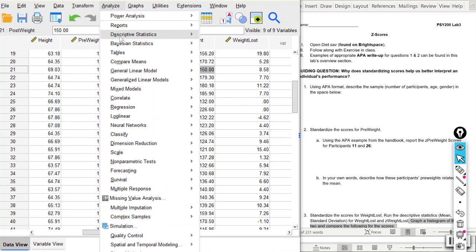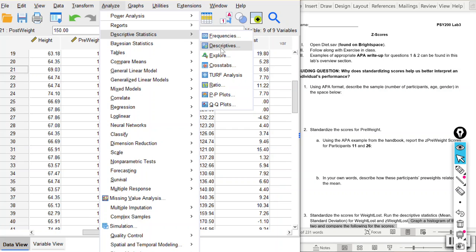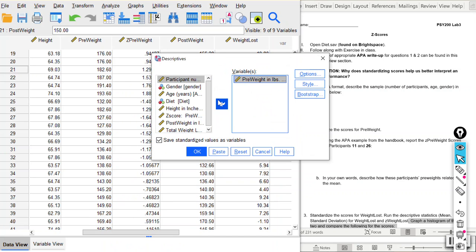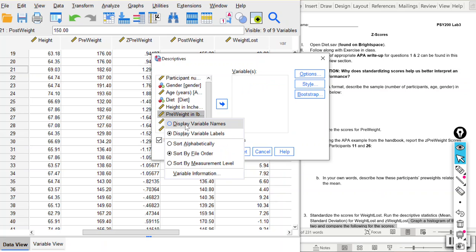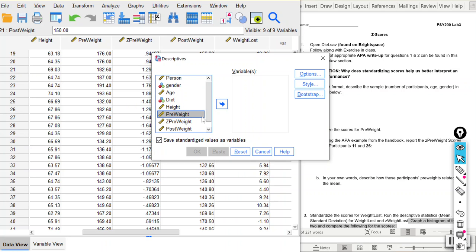So we're going to go into descriptives again, and then we're going to move this out here. And now we're going to go to post weight loss. Actually, before we do that, if you were to right click here, it would display variable names.